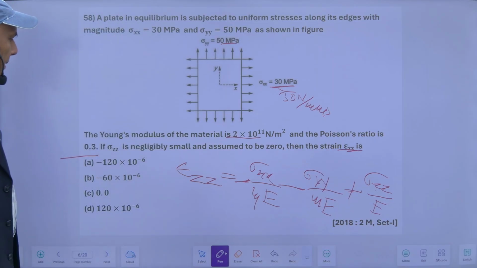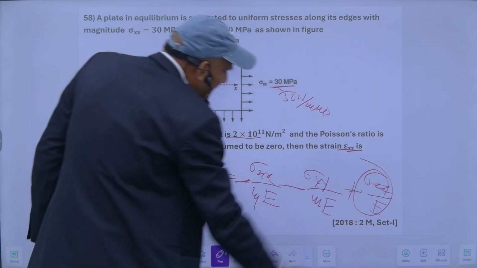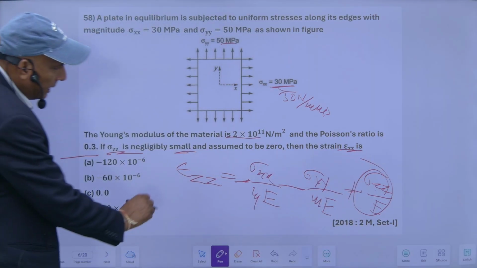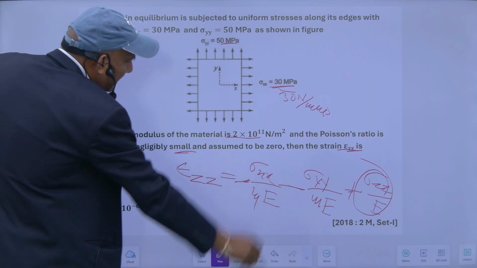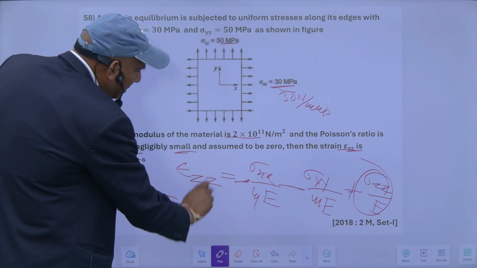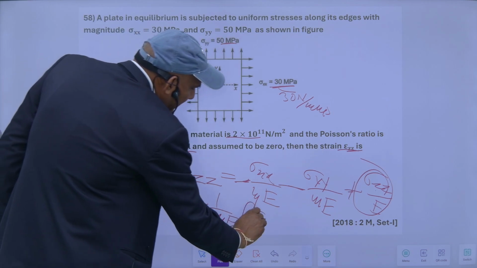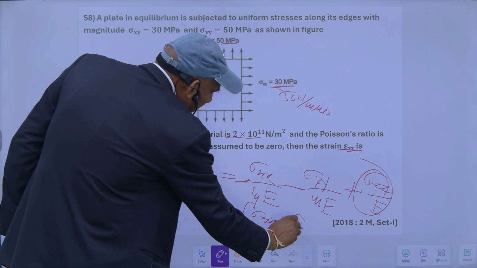So here he has given that the value of this one is negligible, small. So I can treat it as 0. It means this minus sigma xx minus sigma yy upon mE will be my total strain. If I take this common, then it will be sigma xx plus sigma yy.